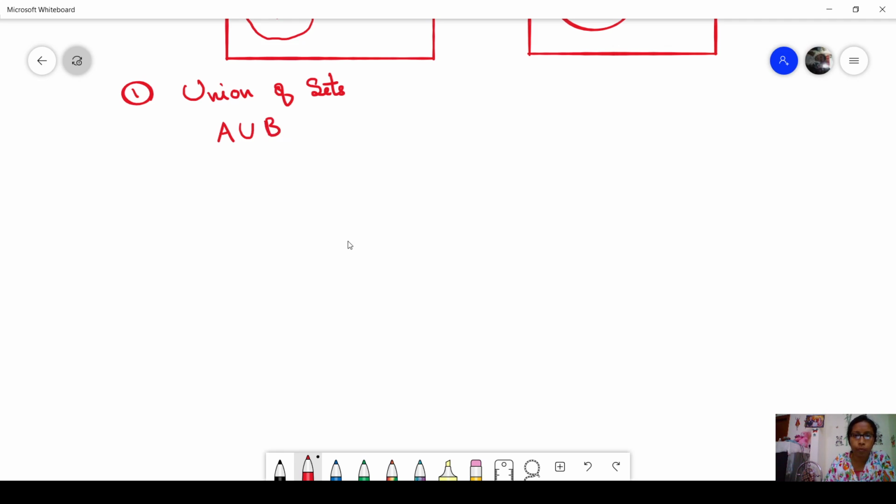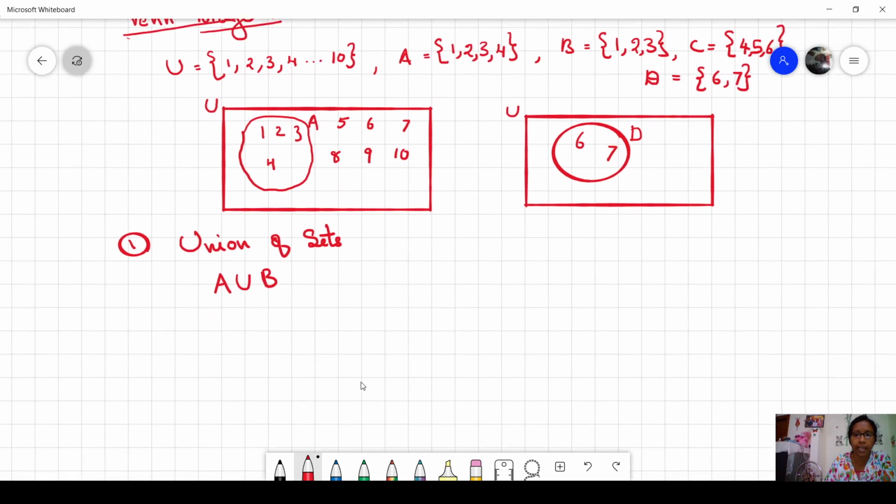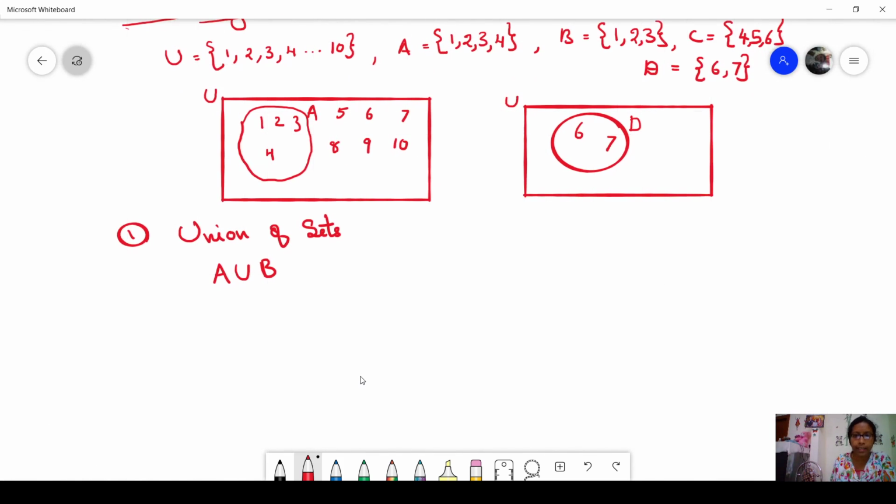Now when we consider the set A union B, what is A? A is 1, 2, 3, 4 and B is 1, 2, 3.